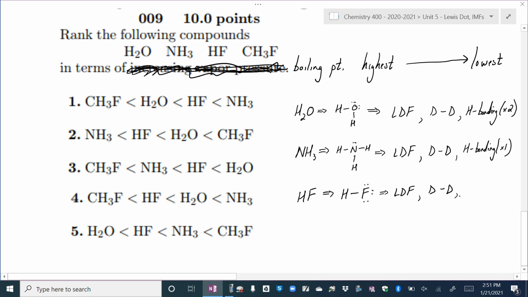Is this hydrogen attached to a fluorine, oxygen, or nitrogen? Indeed it is. So this is hydrogen bonding. And the times 1, though, because it only has one hydrogen, so it can only do a hydrogen bond with a single fluorine.